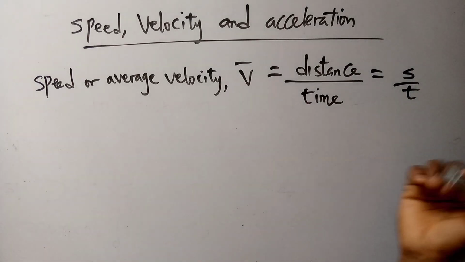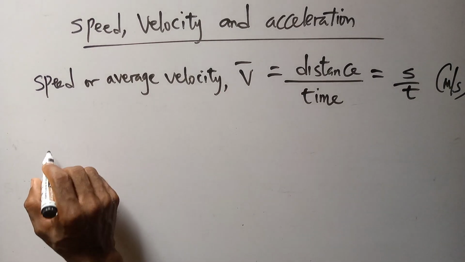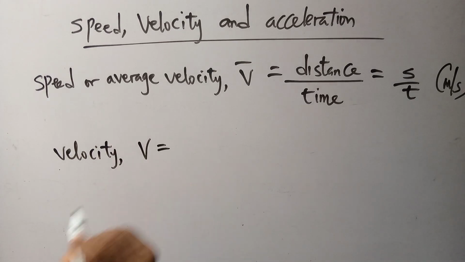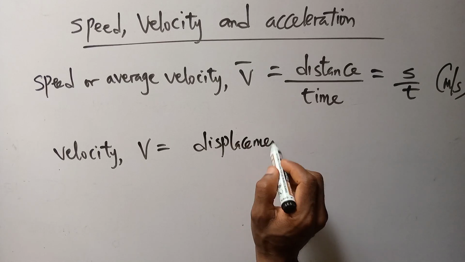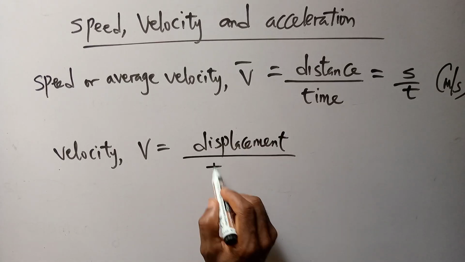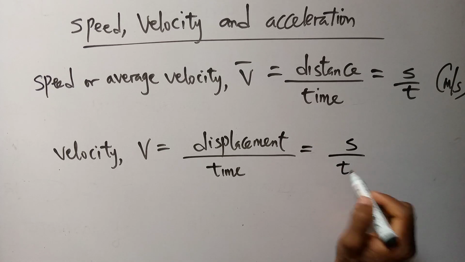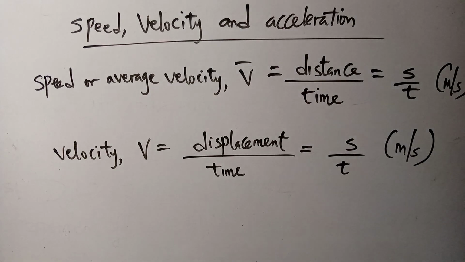The unit is meter per second. Next is velocity. Velocity v, the formula is displacement divided by time. The unit is also meter per second.